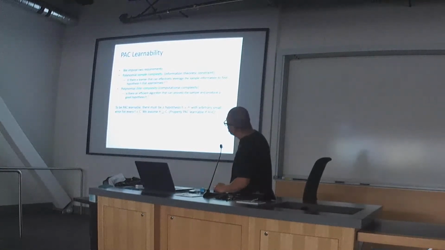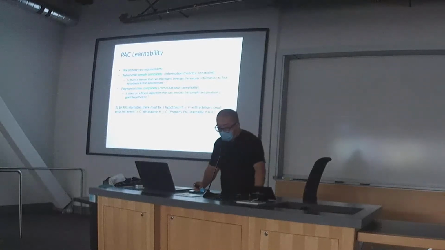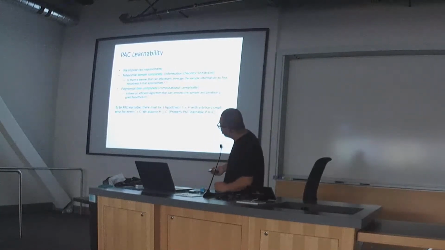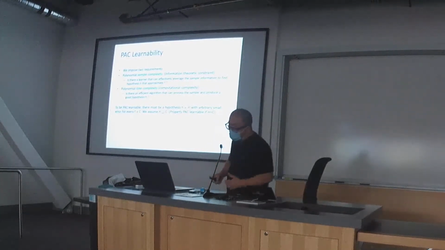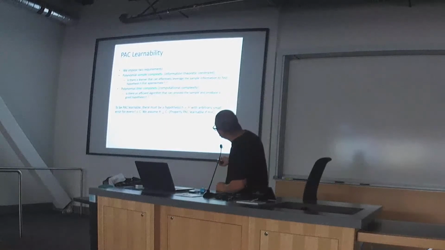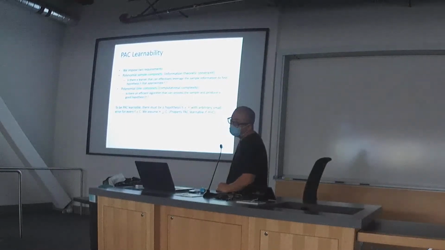So many theorems assume your hypothesis space is large enough that it contains the concept class C. In this case, we say C is probably approximately correct learnable by L.